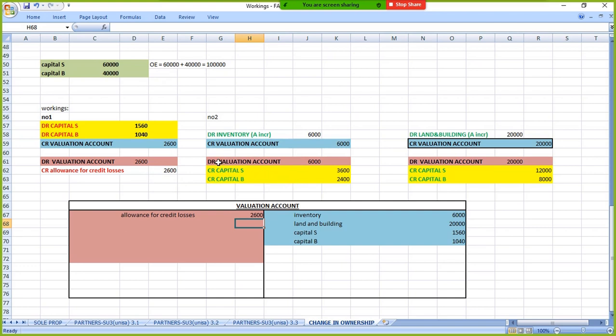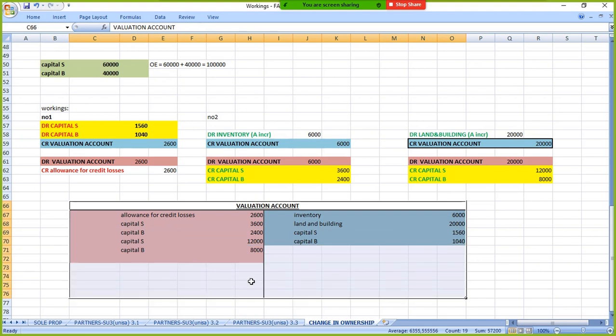I had a debit here for Stevie and Bob and a debit there for Stevie and Bob. You can show them separate or you can add them together. I'm going to show them separate. So this one, Stevie got that, Bob got that. Stevie got that, Bob got that. That's what I would have shown in the valuation account.